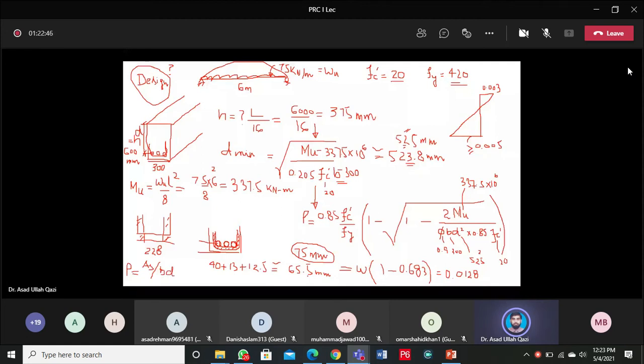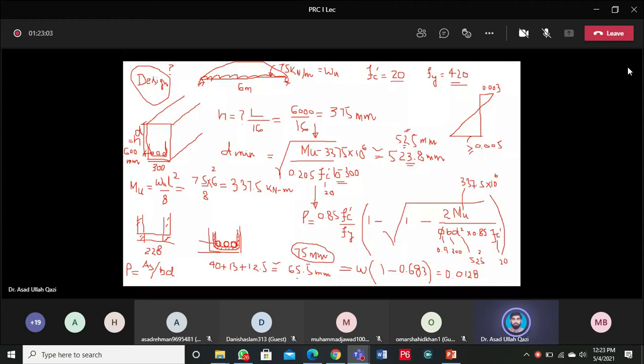That's it. But now it is the time to cross check that whether your rho is greater than rho minimum and is less than or equal to rho maximum.